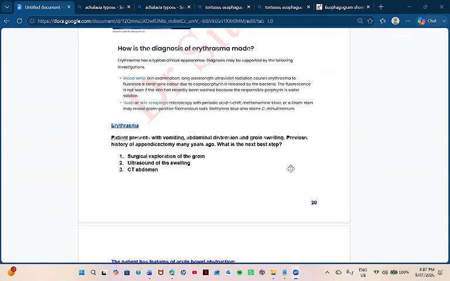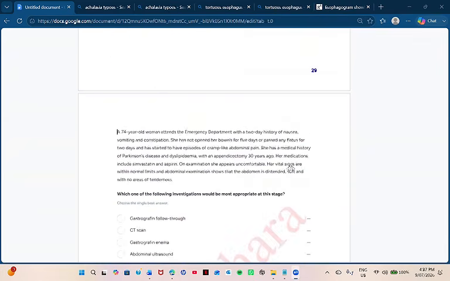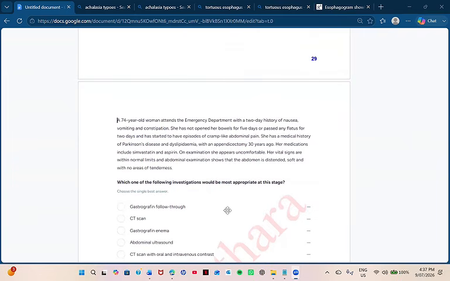Okay, we'll do this question. A 74-year-old woman attends the ED with a 2-day history of nausea, vomiting, and constipation. She has not opened her bowels for 5 days, has not passed any flatus for 2 days, and has started to have episodes of cramping abdominal pain. She has a medical history of Parkinson's and an appendectomy 30 years ago. Her medications include simvastatin and aspirin.